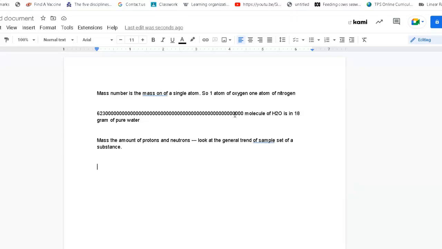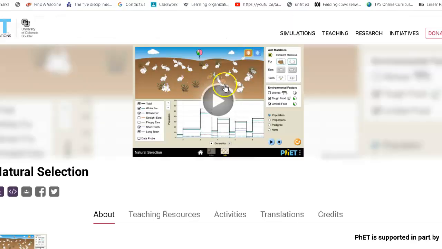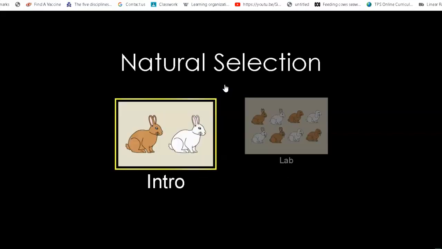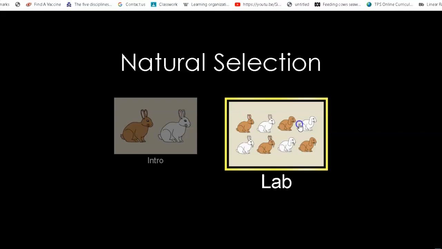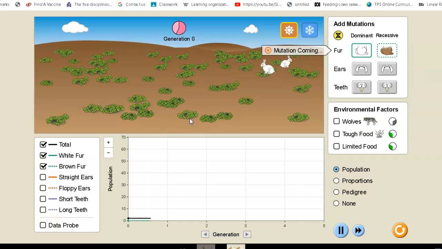All right. So I'm going to give an example right here. This is PhET, P-H-E-T, and this is talking about the evolution of rabbits. It is similar but not the same. Let's say that this is recessive, and we're going to add a mate. So we have two bunnies. It's going to take a little while.